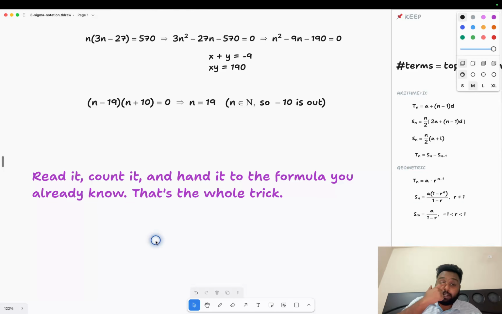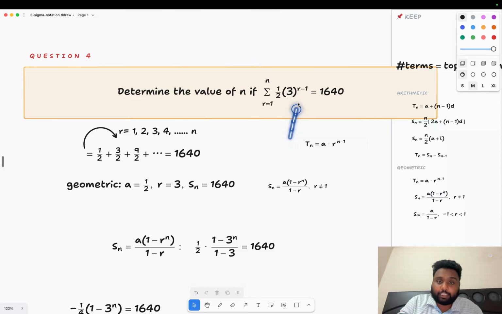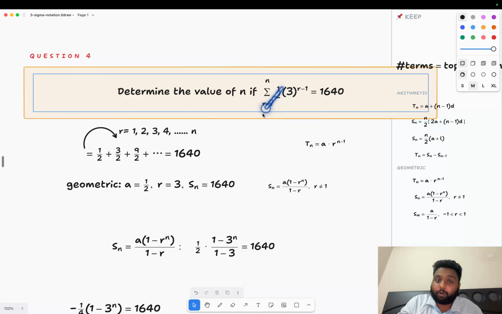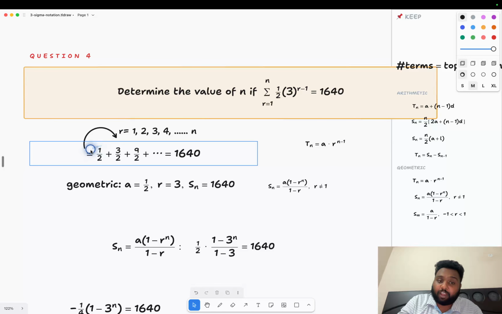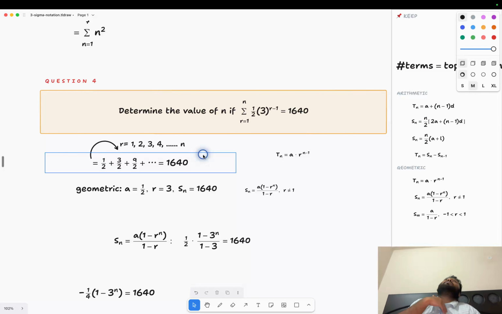So generally the trick is you have to substitute the values in each of the series. Whenever we get a series or a sequence, we have to substitute the values of k into the general term, and then write down the series. We have to look at what type of series or sequence it is, whether it's a quadratic series, an arithmetic series or a geometric series.